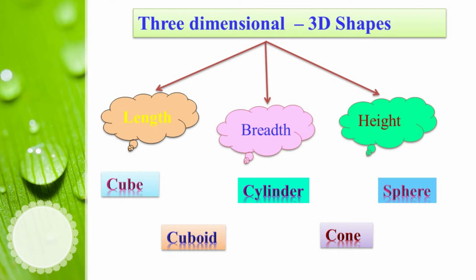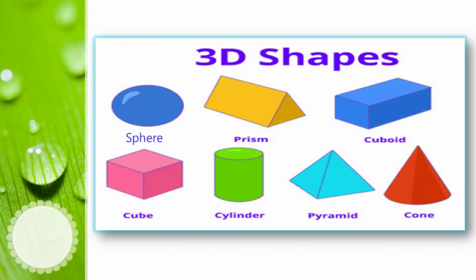These are the examples for 3D shapes. Let's know some of the 3D shapes: sphere, prism, cuboid, cube, cylinder, pyramid, cone. These are some of the 3D shapes.